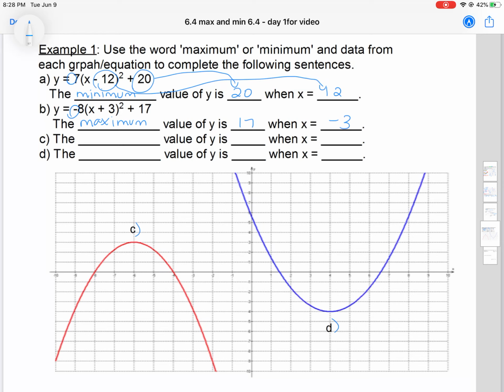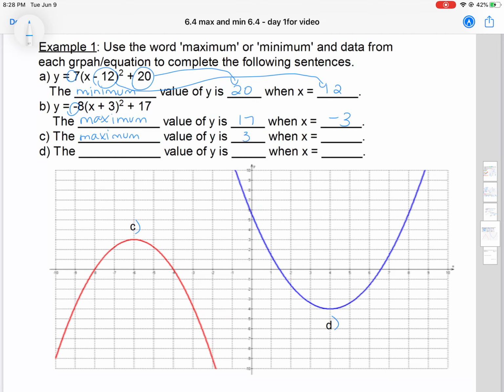So in C, we have a maximum value of y is 3. It's a bit blurry, but that's a 3 when x equals -6.